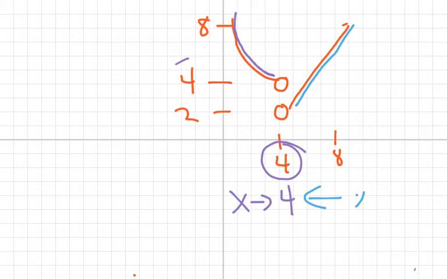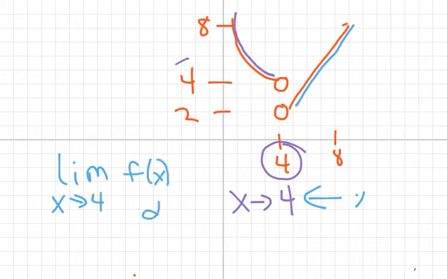And so we say the limit as x approaches 4 of f of x does not exist. In fact, there's like a jump here, and it's discontinuous here.